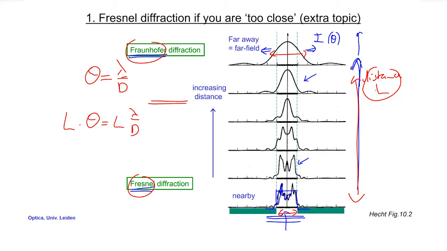And for the Fraunhofer regime to apply, this should be much bigger than d, which means that the distance behind the slit should be bigger than d squared over lambda to be in the Fraunhofer or far field regime.